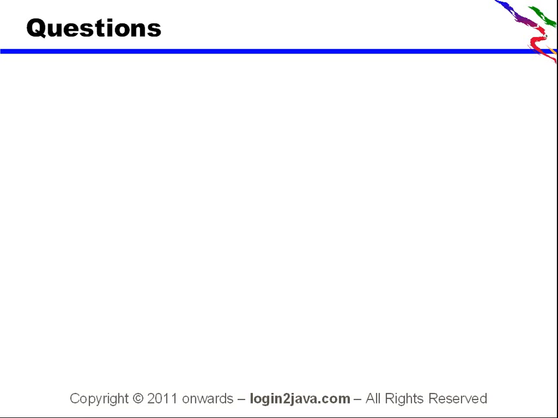Jayashri Ghosh, can we get some more explanation on using context regarding this strategy pattern? I will try to explain it again. Say this is your interface, and you have concrete strategy 1, concrete strategy 2, and this is your context.